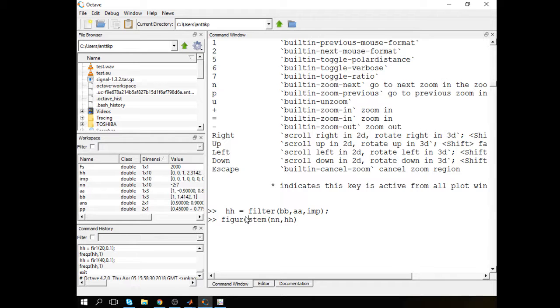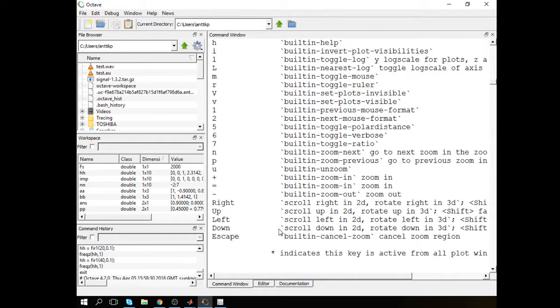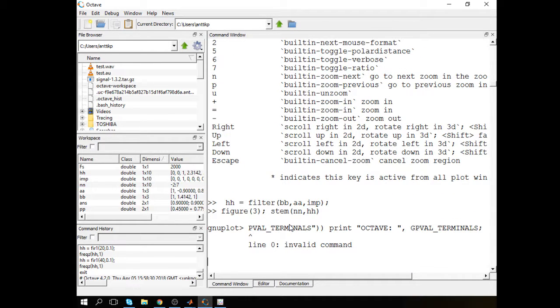Invalid command. Okay. This ain't MATLAB. You know what is the easiest way to start over? I hit something accidentally and I broke the Octave.